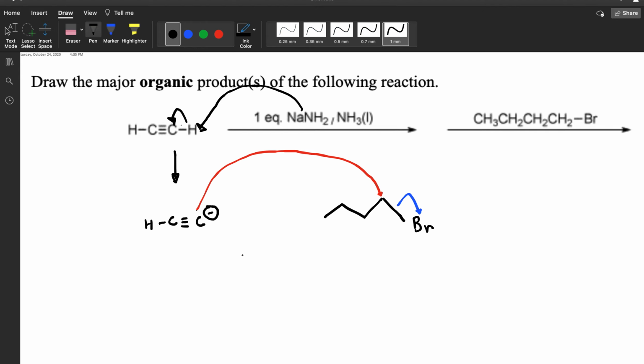Now what you end up with is a molecule that looks like this. You have this carbon triple bond, and there's still that hydrogen over there. And now you have 4 carbons that you're adding to that carbon triple bond: carbon 1, carbon 2, carbon 3, and carbon 4.